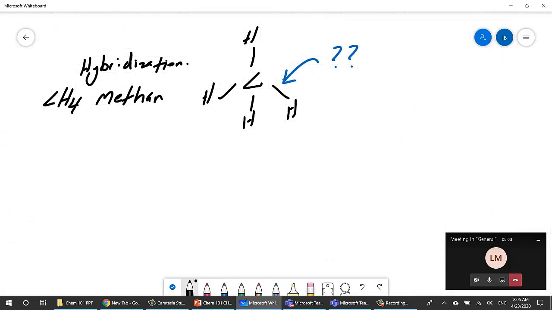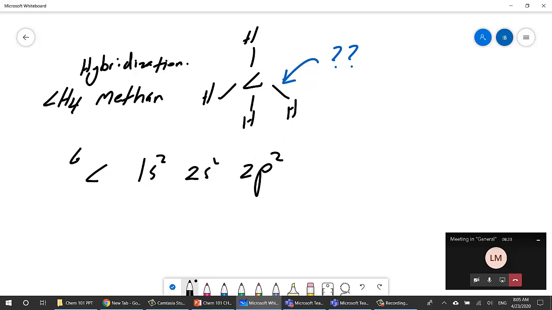Well, we'll start with carbon. The atomic number of carbon is 6 in the periodic table. So the electronic configuration of carbon is 1s2, 2s2, 2p2. Okay?